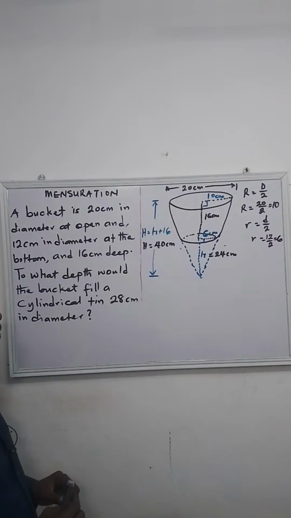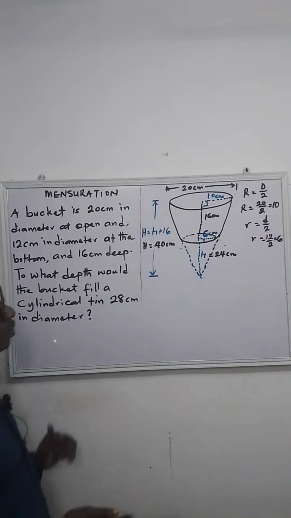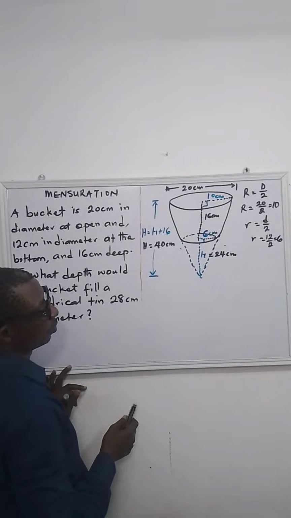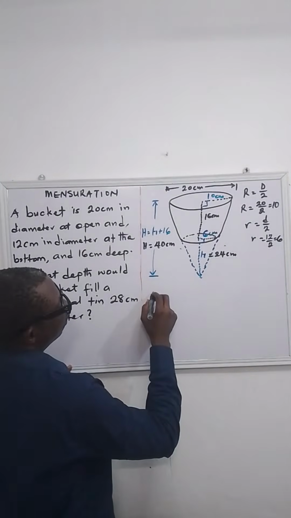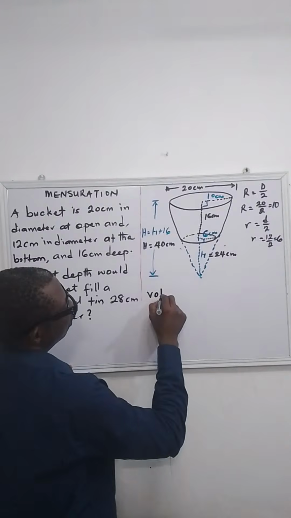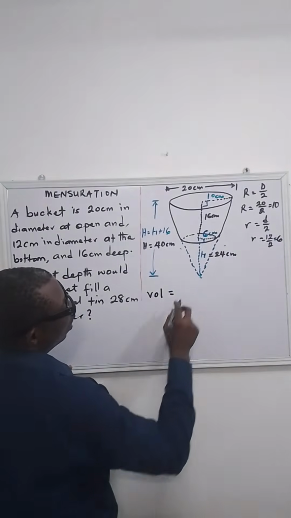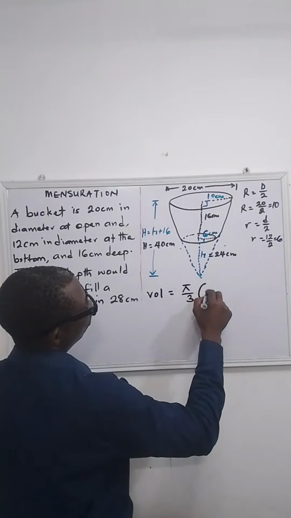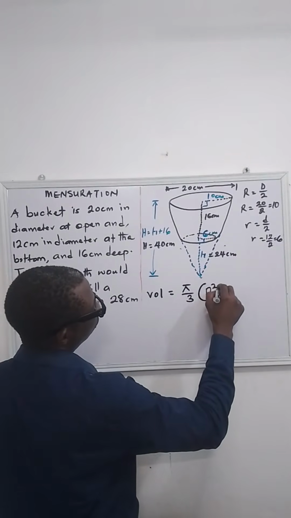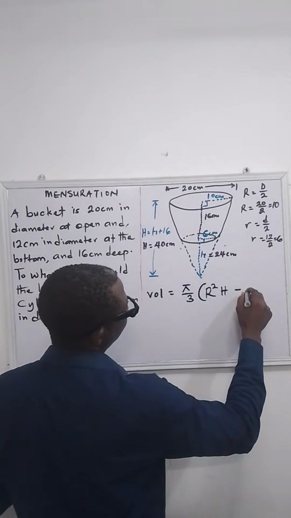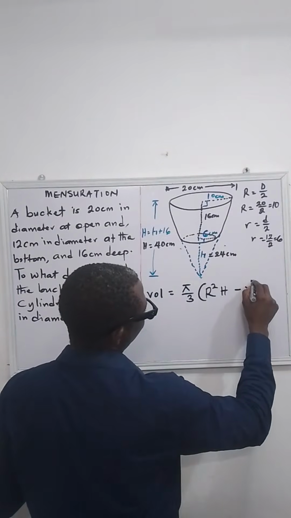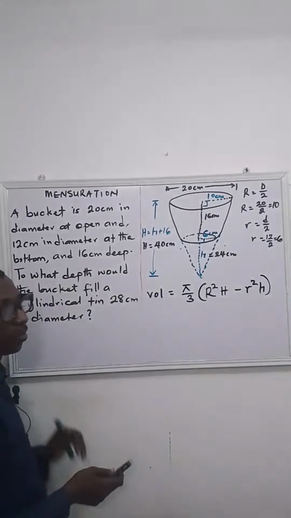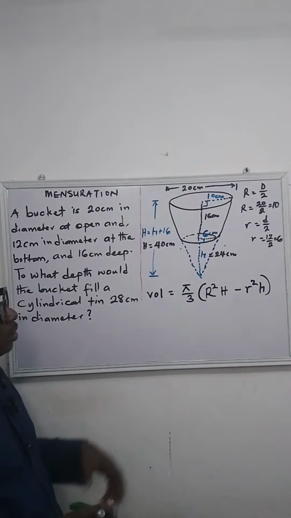So what's the next thing to do here? We write out the formula for calculating volume of the frustum. Now we have volume equals to pi over 3 open bracket R square H minus r square h. Now this is the formula for calculating volume of a frustum.